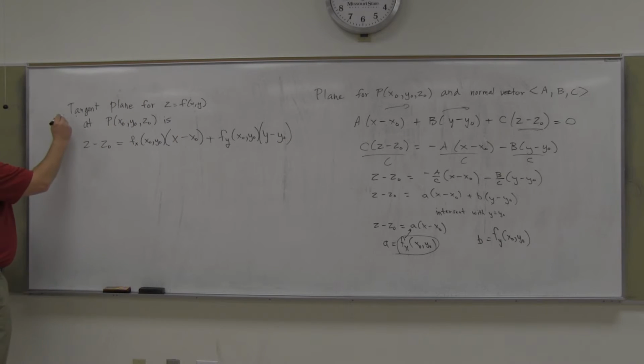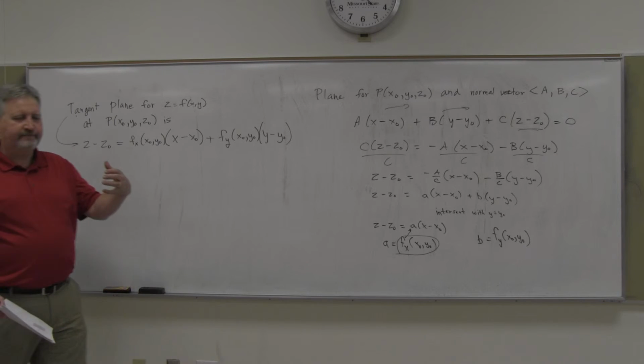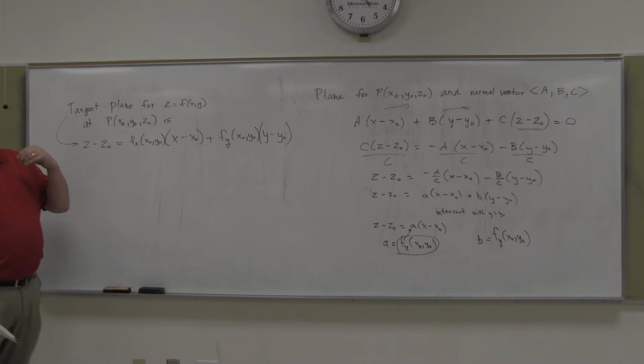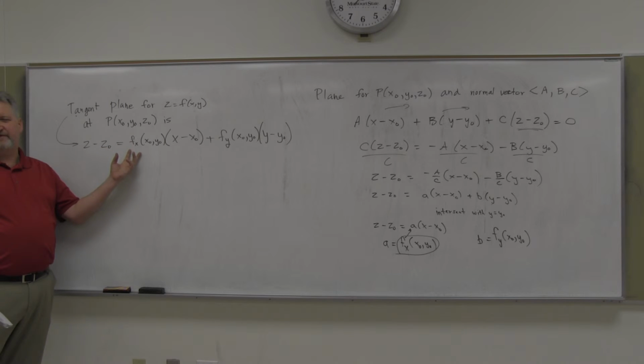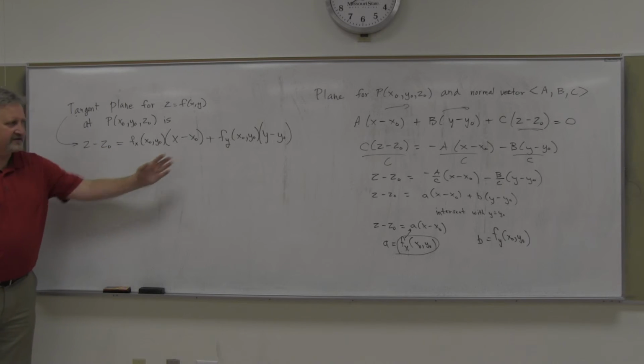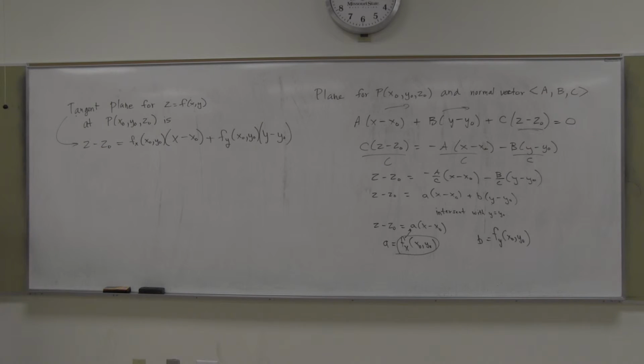So to get the tangent plane, it's similar to what we would do if we were trying to find the tangent line. Remember, if you're trying to find the tangent line of just a two-dimensional curve, the derivative is the slope, right? Sort of the same thing here, except you've got the complication that you have two partial derivatives.